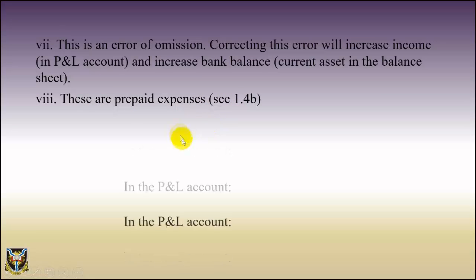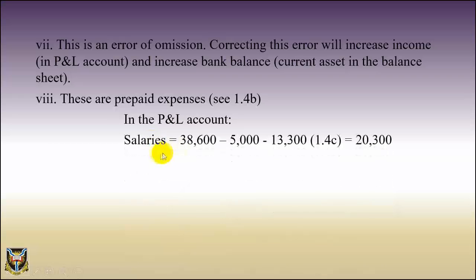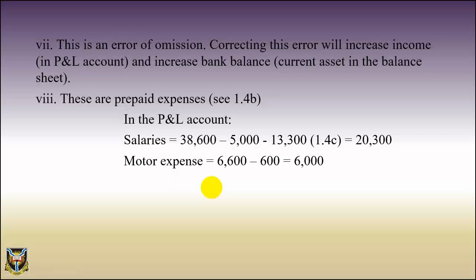In the P&L account, salaries is equal to 38,600 minus 5,000 minus 13,300, 1.4c, is equal to 20,300. Expense is equal to 6,600 minus 600 is equal to 6,000. 9.